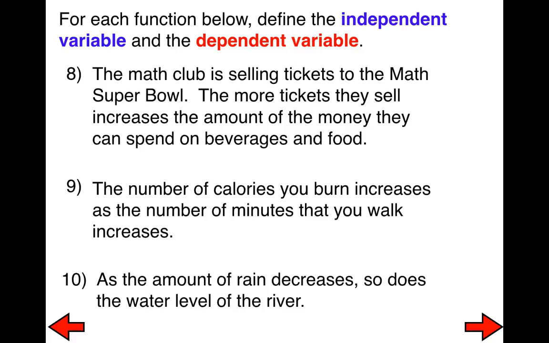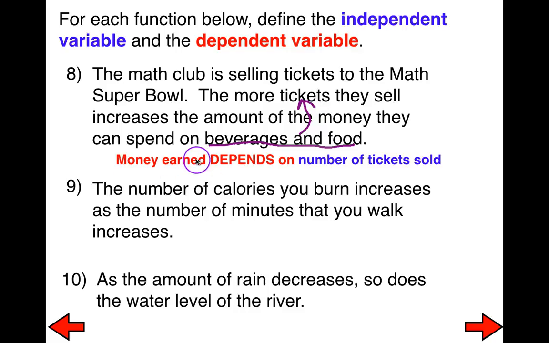Does the tickets depend on the beverages and the food, or the beverages and the food depend on the ticket? Well, hopefully you said the beverages and the food depend on the ticket, depend on how many tickets are sold. So I would say money earned depends on the number of tickets sold. Okay, because that's the money.